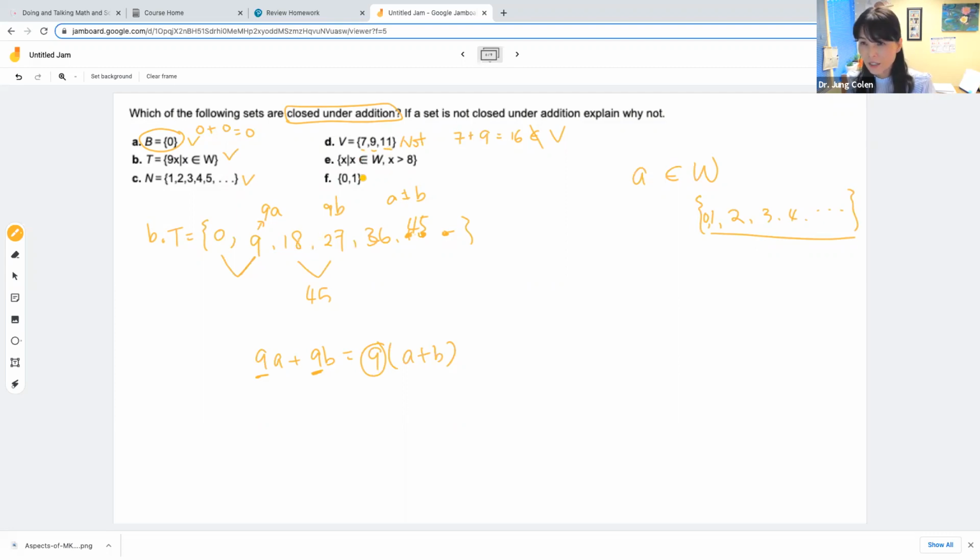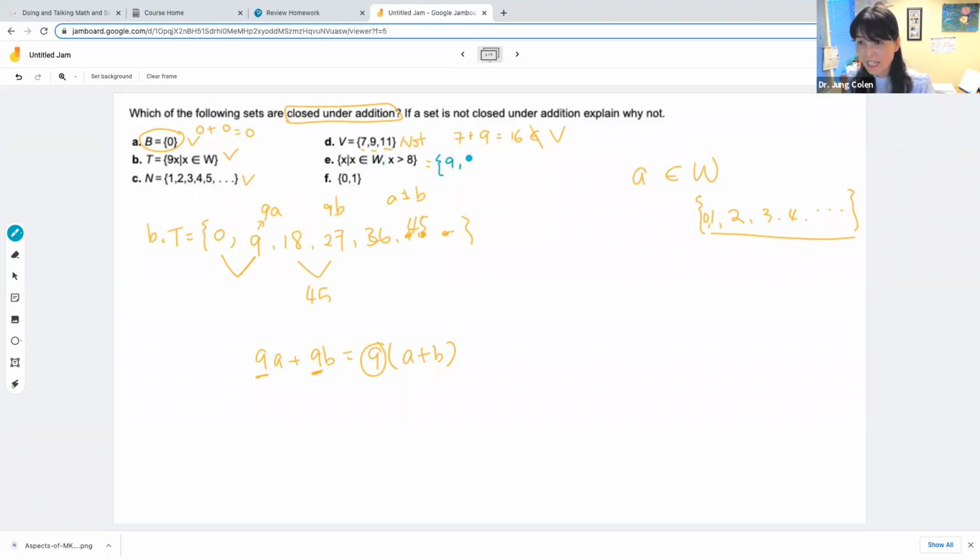Okay, how about this one? E. The set of all elements X where X is a whole number and X has to be greater than 8. If we list this set, it's going to be greater than 8, but has to be a whole number.